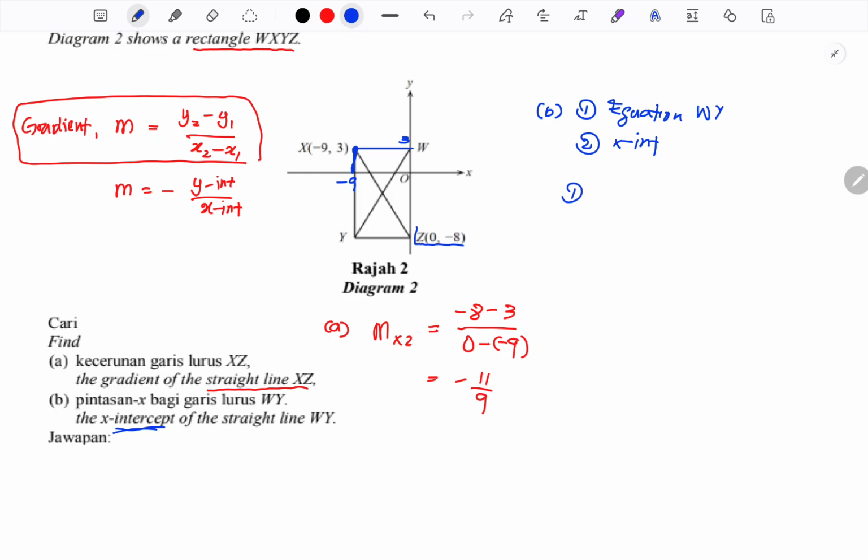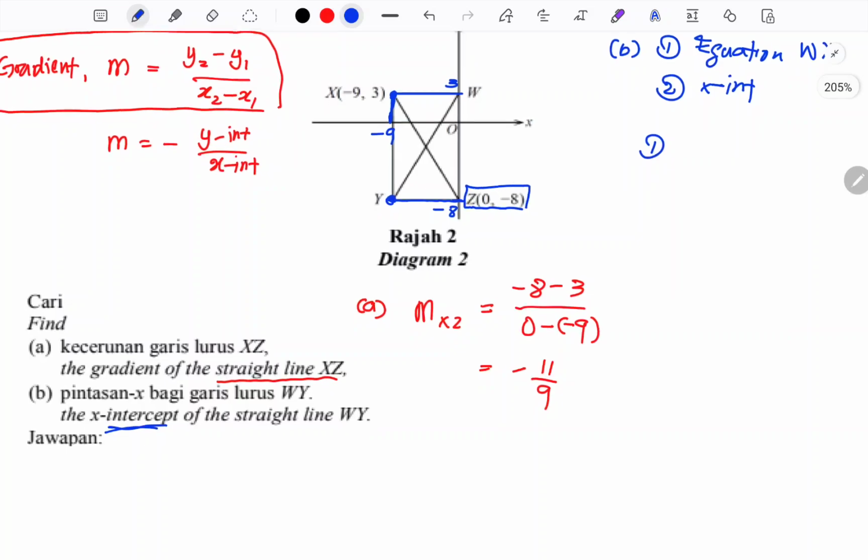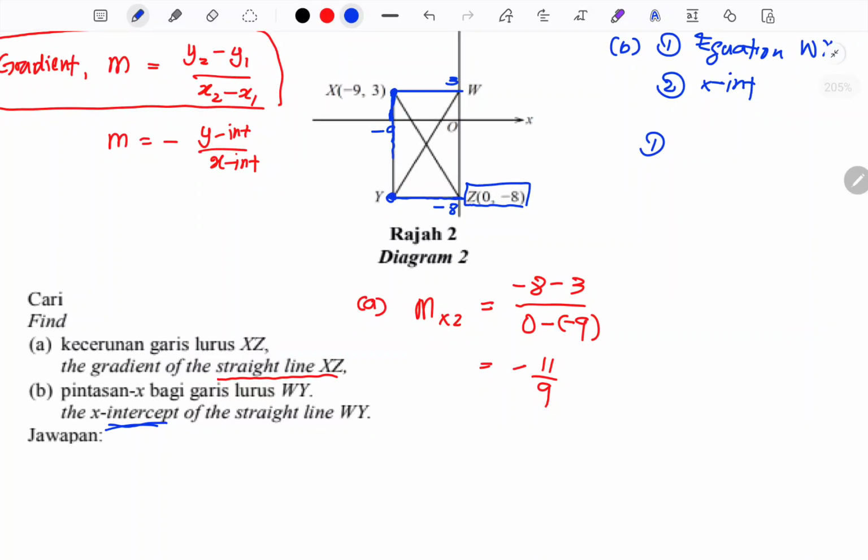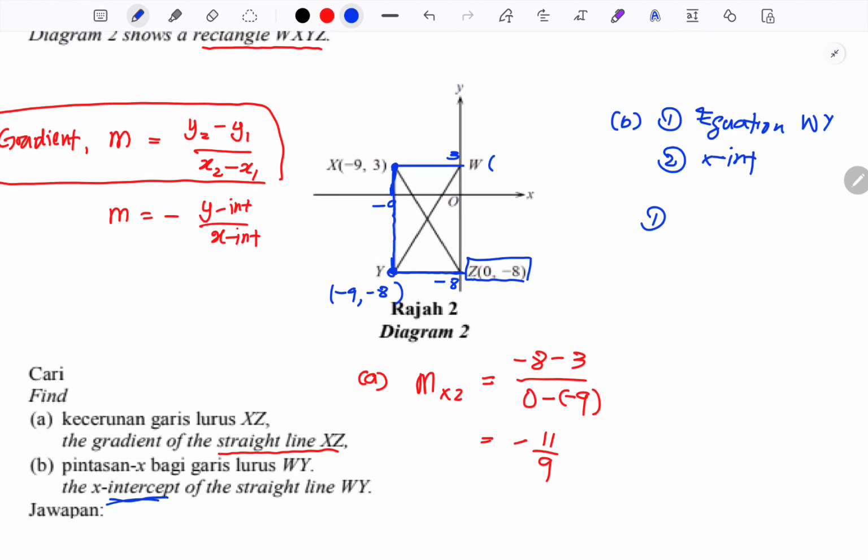Same goes for Z: we bring it higher, and the y position here is -8. So what is the coordinate of Y? It is (-9, -8). Coordinate W is (0, 3).